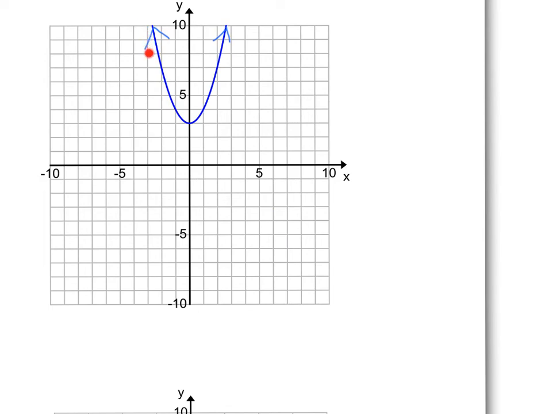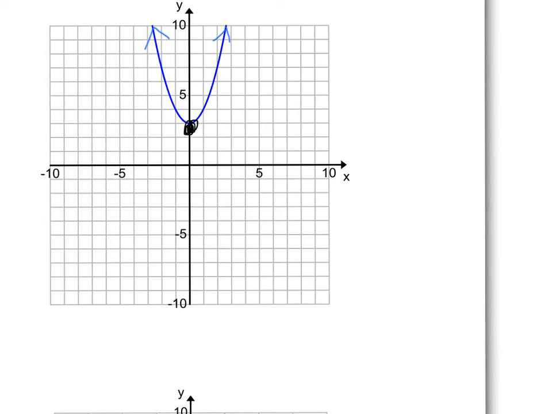So the graph is starting here and it's descending. Then it hits the vertex and then the direction changes. Then it's heading up. So that vertex point is where our interval will stop. We'll have one interval on the left and a different interval on the right.